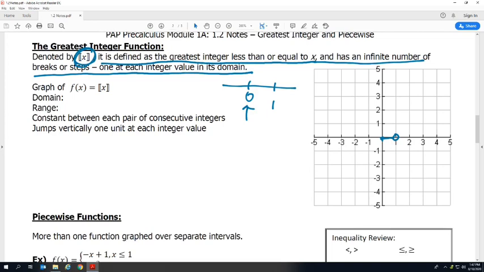And then let's go from x values from 1 to 2. So if you go from 1 to 2, the lowest x value is going to be that 1 right there. So the y value is 1. And then we'll do the same thing. It's just a step each time. Now notice I have open circles and closed circles.